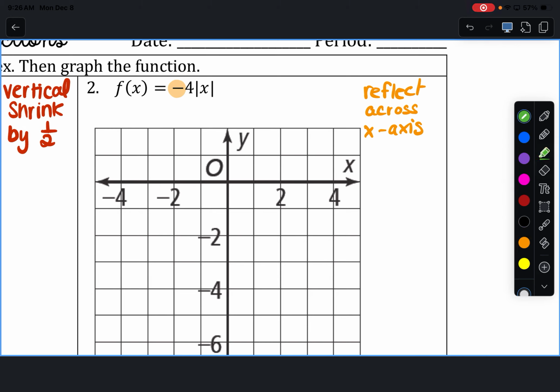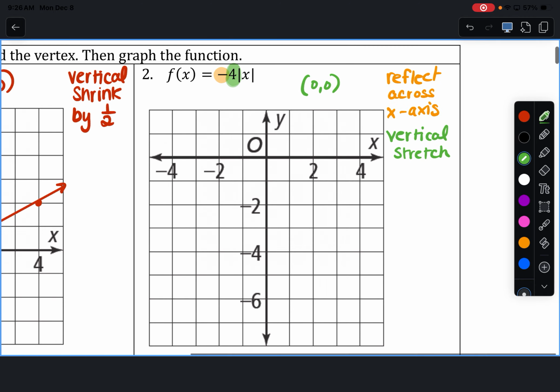Then the 4: is 4 greater than 1 or between 0 and 1? Greater than 1, so that makes it a vertical stretch. Neither of those things affect our vertex, so it's at 0, 0.